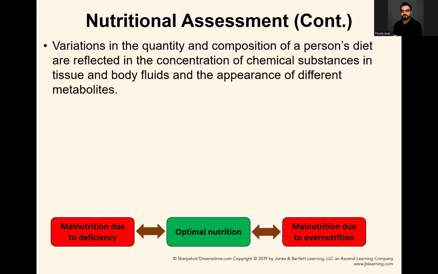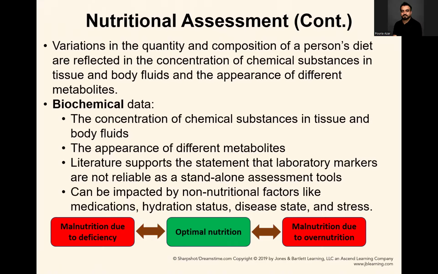But there are some other chemical substances which are highly maintained by our body system, and we cannot change those chemical substances or nutrients by diet or by nutrition. So in other words, we cannot use biochemical data for nutrition assessment solely. So it's not a standalone indicator for nutrition related problems.